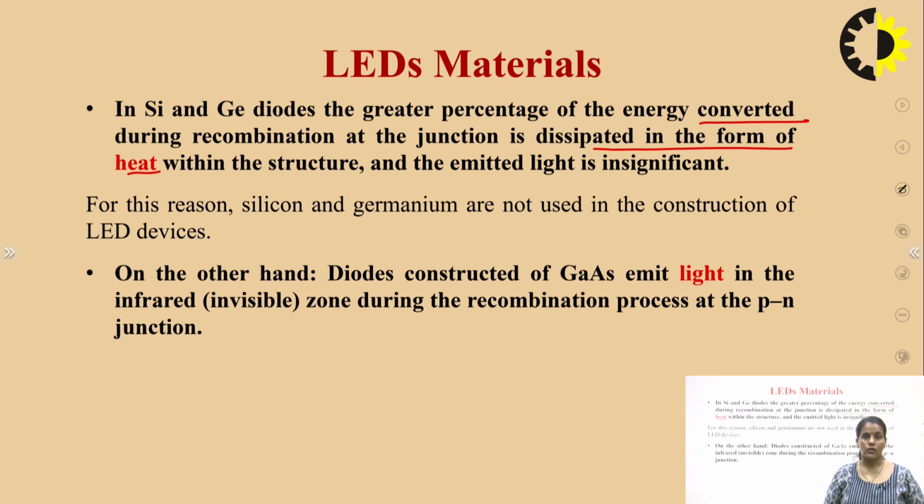If we want light as the output, we have to use materials such as gallium arsenide phosphide, because these have the direct band gap in their structures. For this reason, silicon and germanium are not used in the construction of LED devices. On the other hand, diodes constructed of gallium arsenide emit light in the infrared zone during the recombination process at the p-n junction.